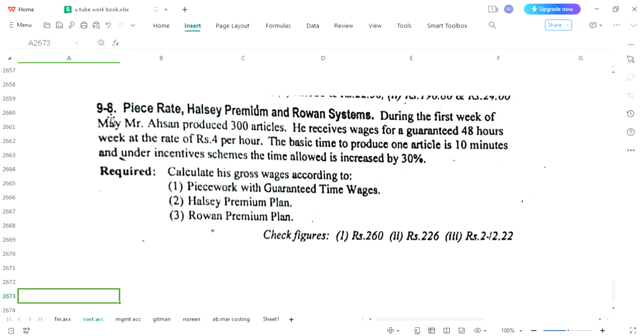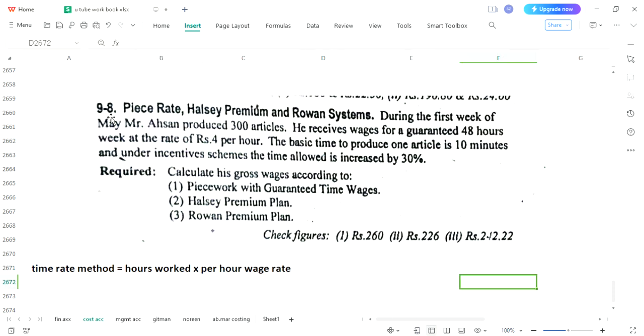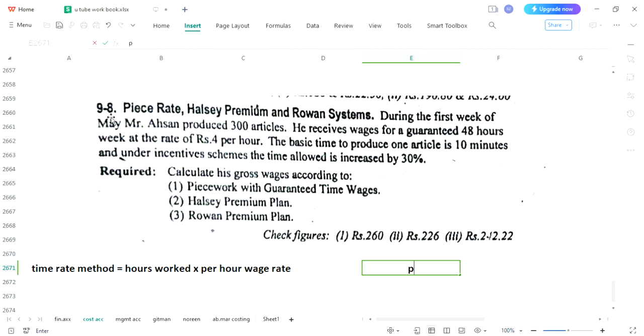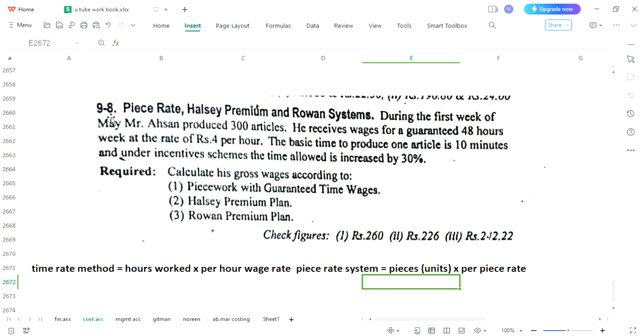As you know, the basic rates we discuss, first is the time rate method, under which we will observe how many hours worked and multiply by the per hour wage rate. And second, we have seen the piece rate system, under which we simply see how many pieces are made and multiply with the per piece rate.